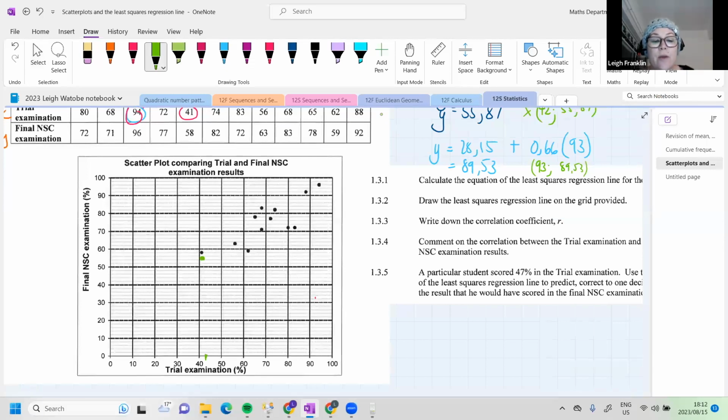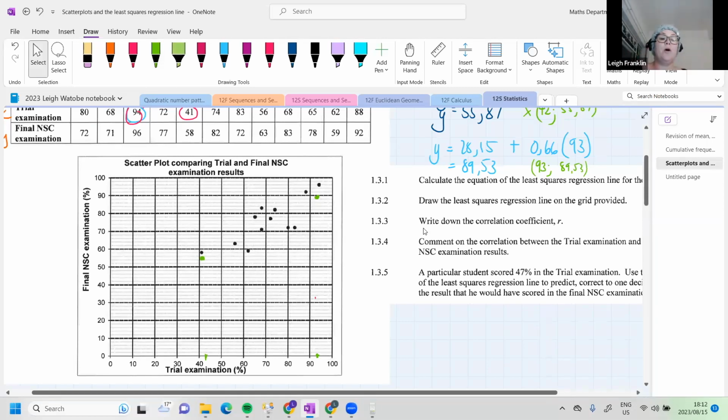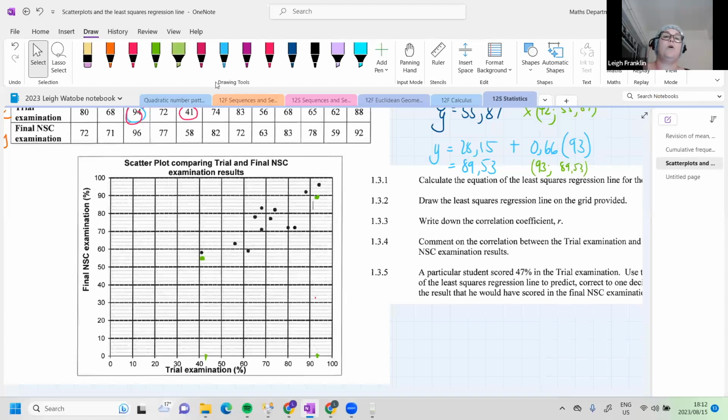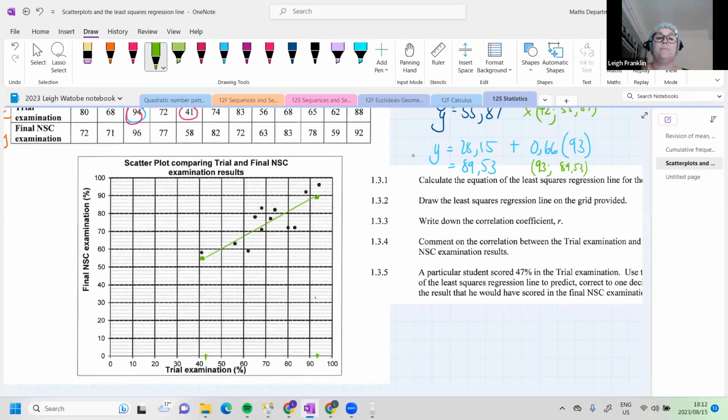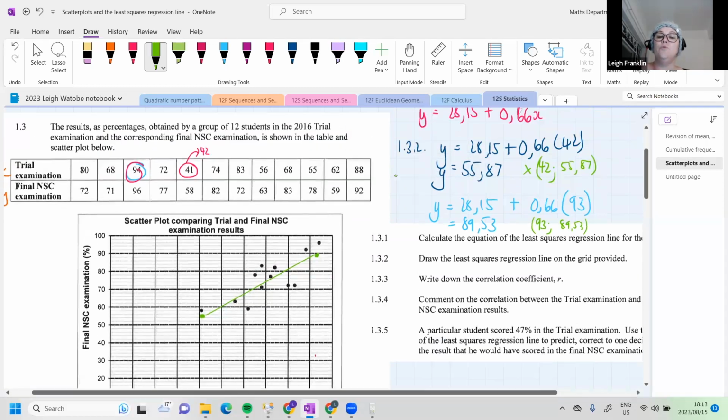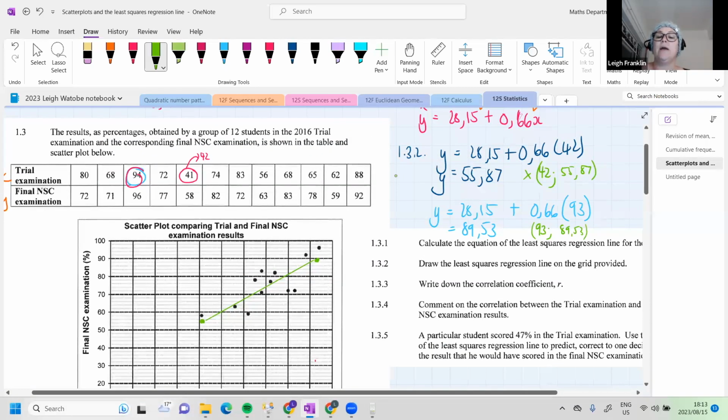So 93 will be, I guess, about here, and 89.53 would be somewhere round about there. So we cannot go past our smallest x or past our biggest x. And now you guys would get a ruler and connect these two using a straight line. That is the best way to draw the equation of the least squares regression line on your grid.